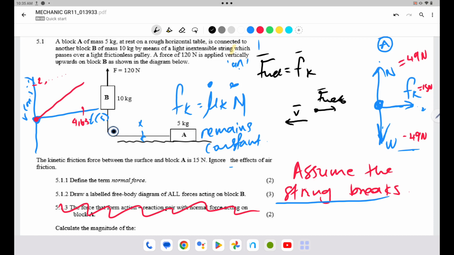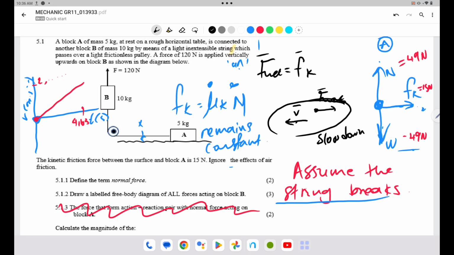What do we notice? We notice that the direction of velocity, the direction of motion, and the direction of net force are opposite each other. Every time these two things are in opposite directions, the object will slow down, and the opposite is true. If they are in the same direction, the object will speed up.